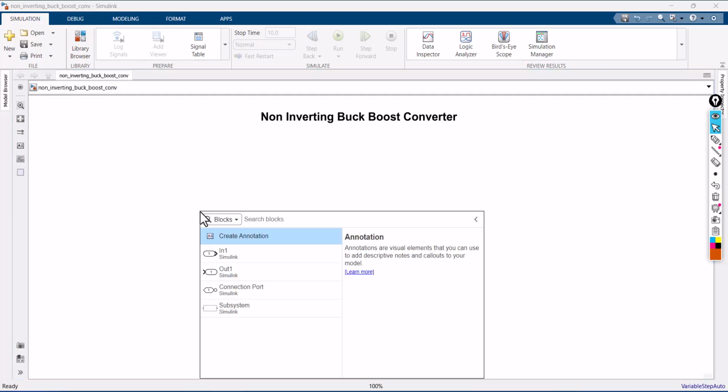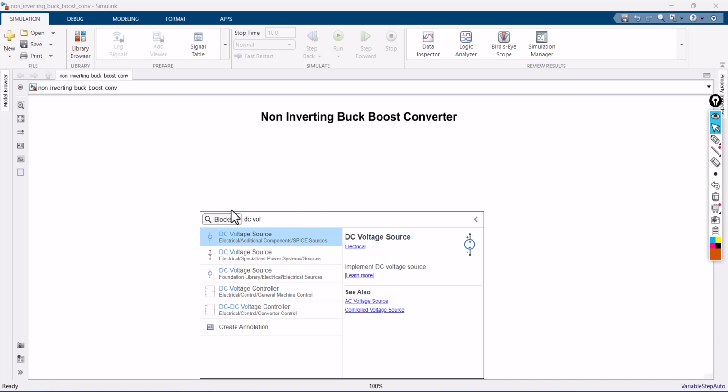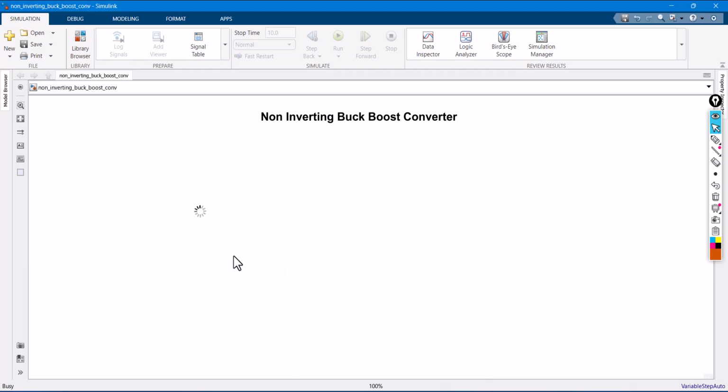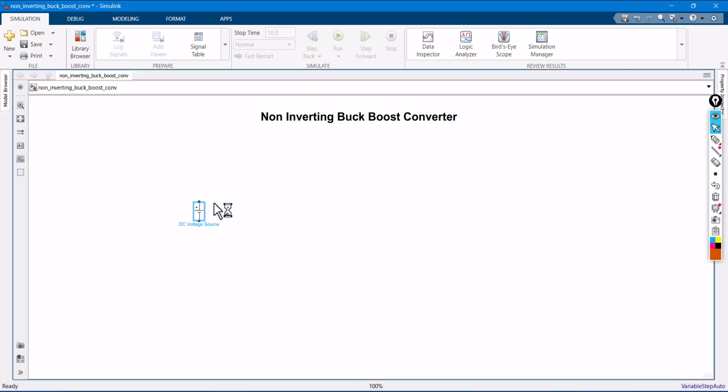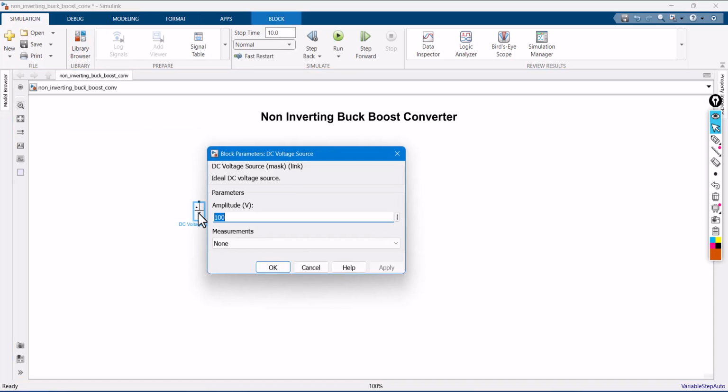Let me take a DC voltage source. Whatever DC voltage source I'm going to use, let it be 20 volts.